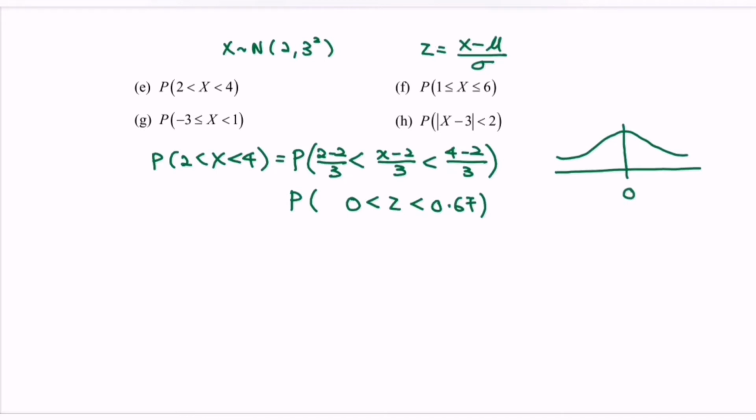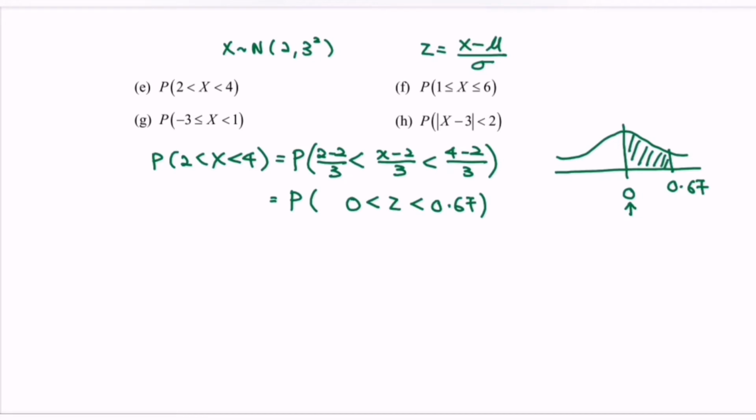Kindly refer to the diagram, locate the situation where we have 0 and 0.67. Referring to the question, the probability that z is greater than 0 and less than 0.67. So kindly shade the region. Here will be the region. Next is to write the formula.